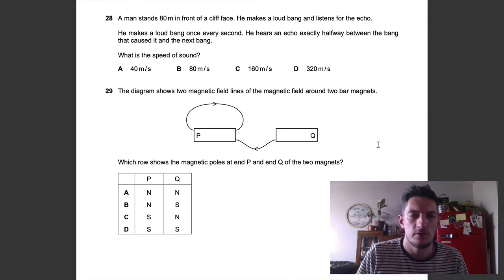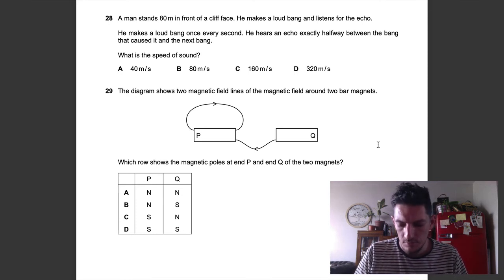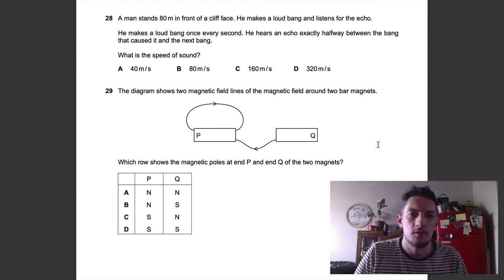In other words, it takes half a second for it to travel 80 meters and then another 80 meters back. So we can do 160 meters in half a second. So if you can do 160 meters in half a second, then in a whole second you can do 320 meters. So it's 320 meters a second.